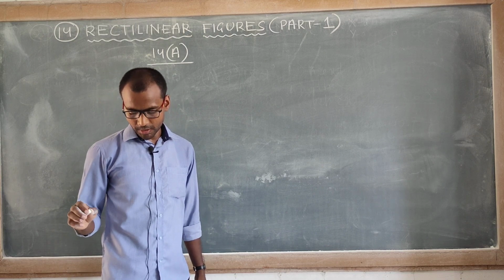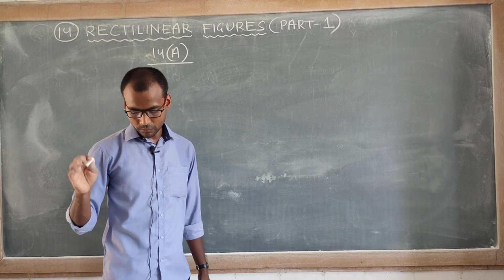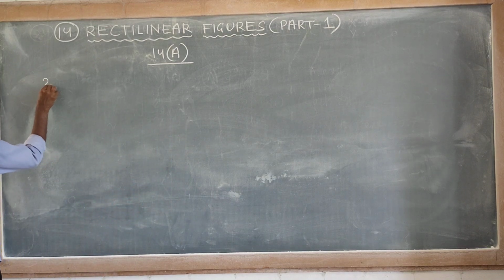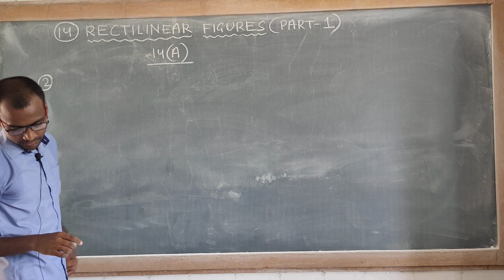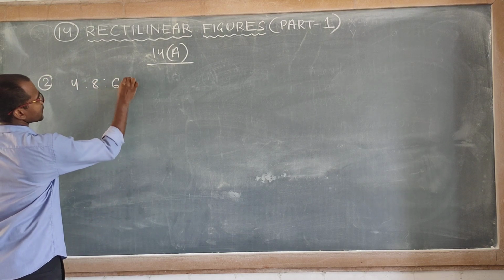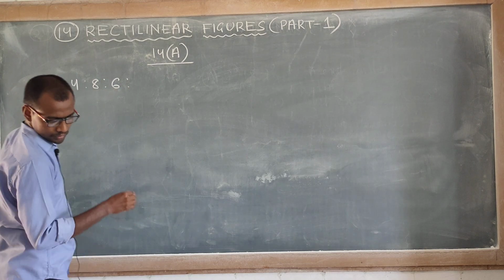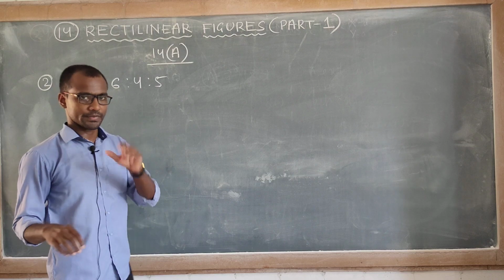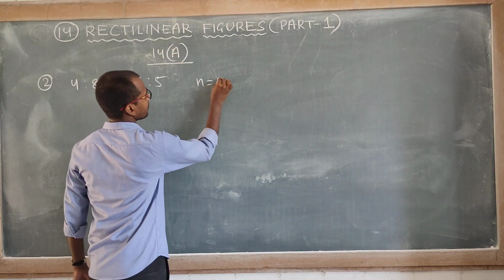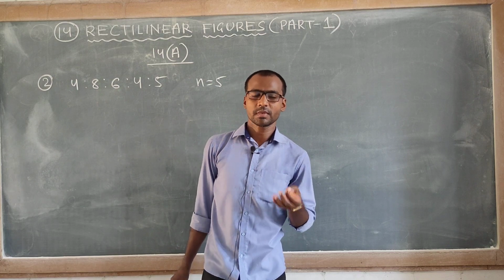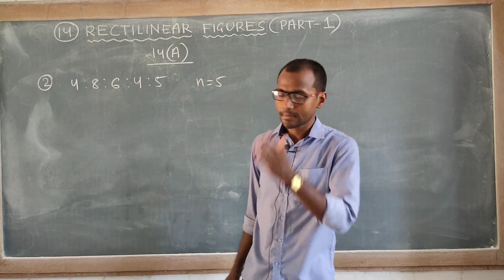The angles of a pentagon are in the ratio 4:8:6:4:5, and it is a pentagon, 5 sides. Find each angle of the pentagon. Each angle means interior angle we have to find.